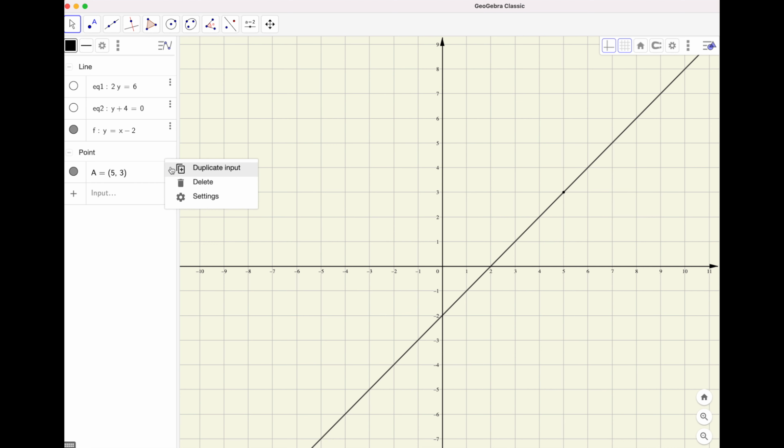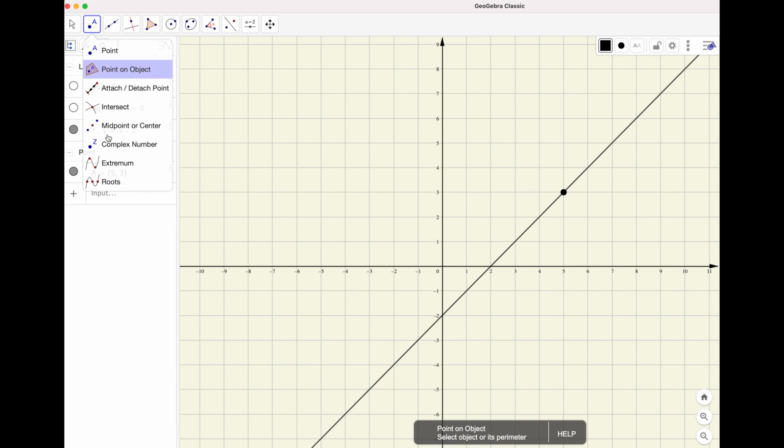I can make it a little bit bigger so that you can see it. Okay, now it is more visible. So this is the point 5 and 3, and that is my line. So now let me go and pick another point.